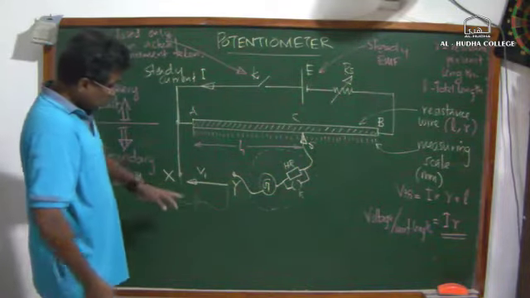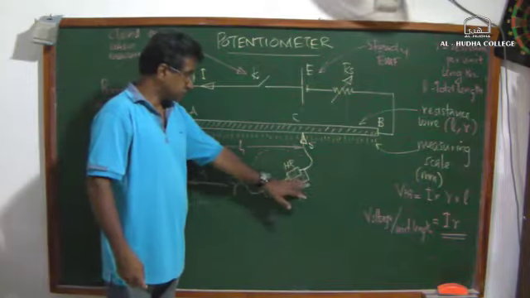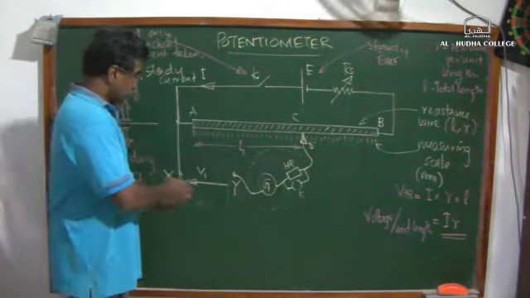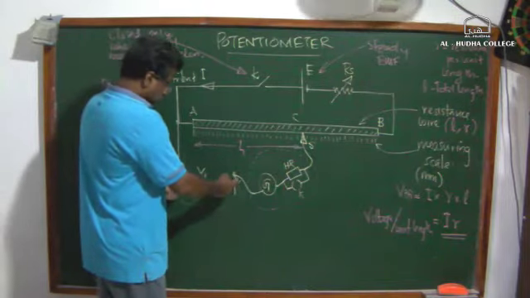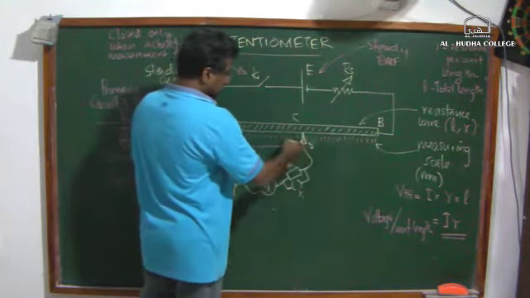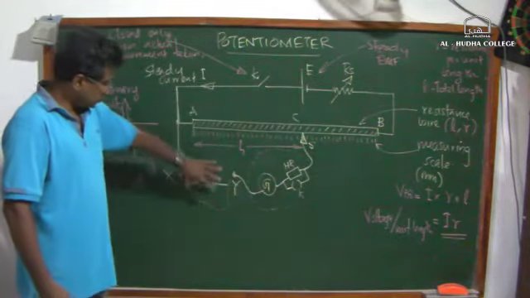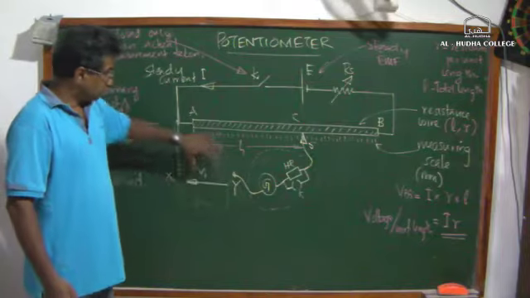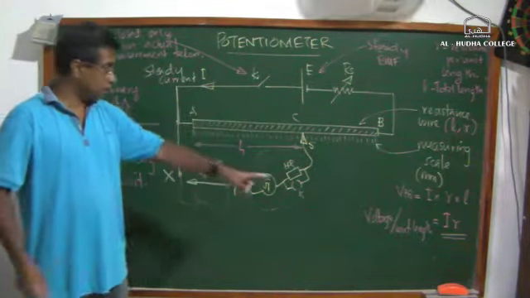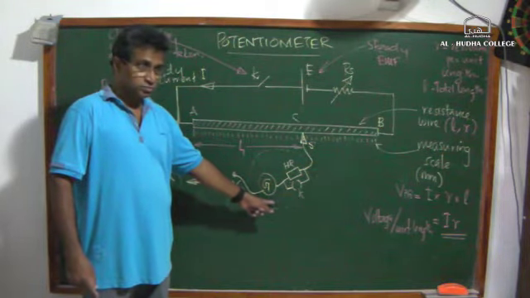Now, initially you set the resistance, you keep K open circuit, and now there is a voltage here. Now you take the galvanometer slider and you change it. When this voltage V1 and the voltage across AC are equal, the galvanometer reading is 0, right?